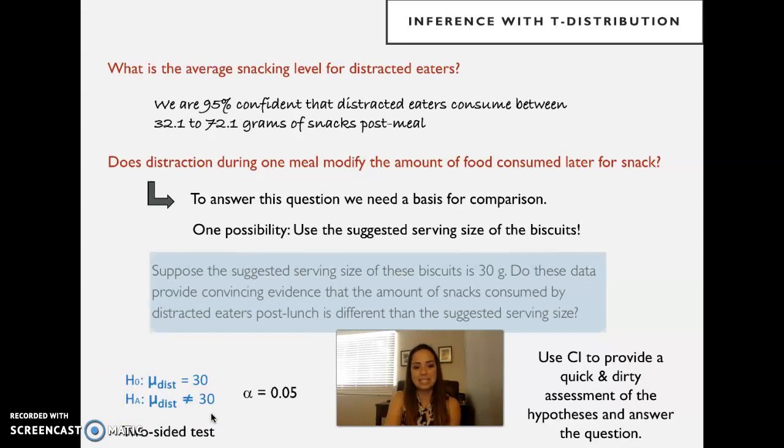So it's a two-sided test with an alpha level of 0.05. Because it's a two-sided test, it has to be distributed in the two tails: 2.5% on one side, 2.5% on the other, leaving 95% in the middle. So a two-sided test goes together with a 95% confidence interval if you want to use it to do a quick and dirty hypothesis test.